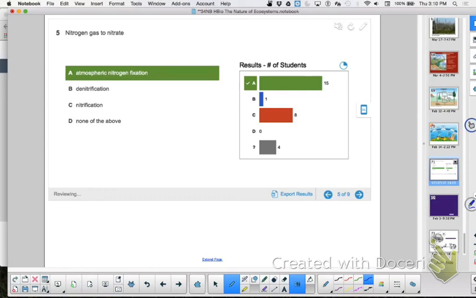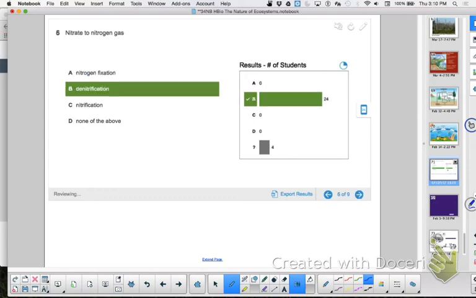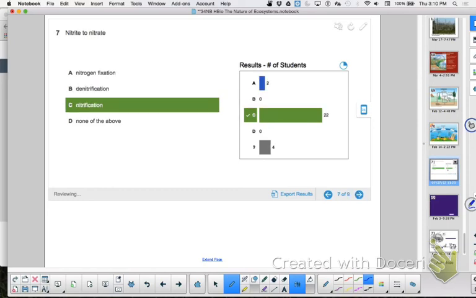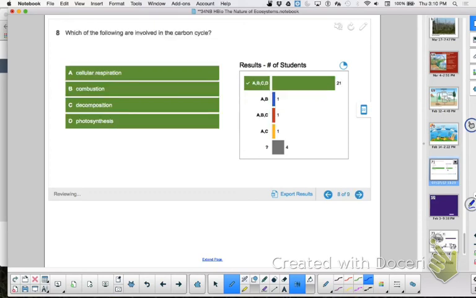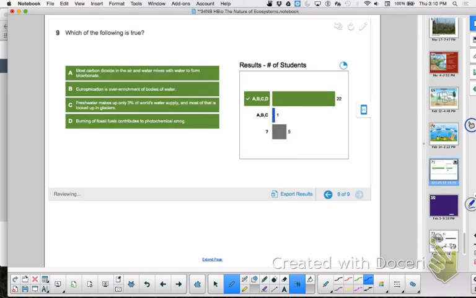Who does that? Lightning. Yay, one. Nitrite to nitrate is nitrification, not nitrogen fixation. That's N2 to ammonium. All of these are involved in the carbon cycle, and all of those were true.